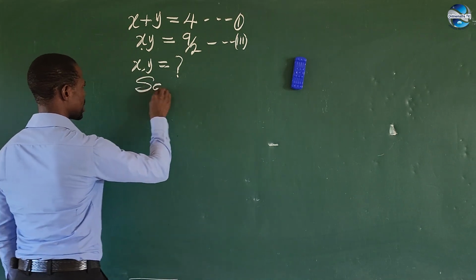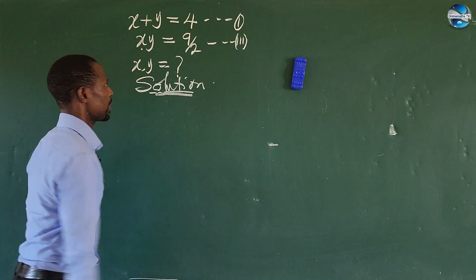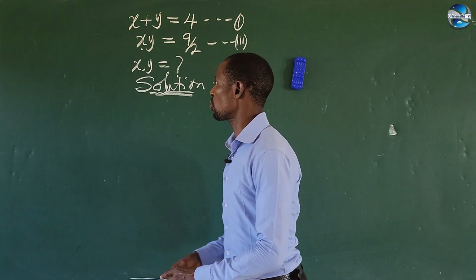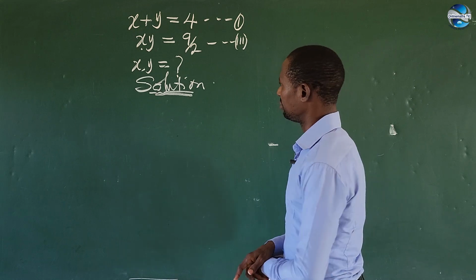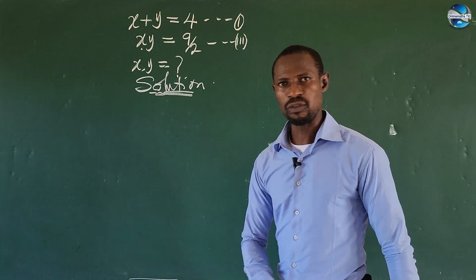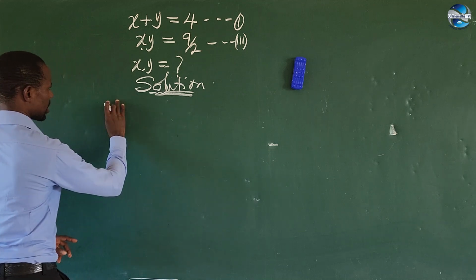So here we're taking a solution. The first thing to do, now if we look at these two equations here, what we want to do is easy. We want to make y the subject of the formula from equation 2. So from equation 2, make y the subject of the formula.